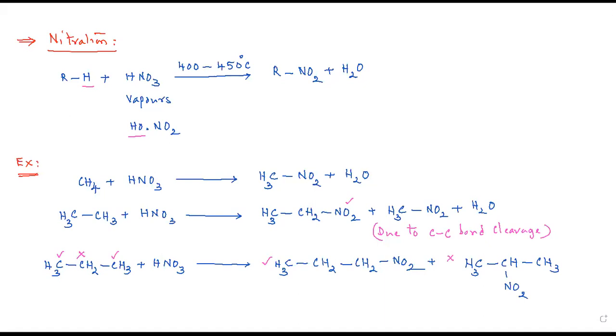But because of the carbon-carbon bond cleavage, even here also we get different types of products along with these. You can expect nitroethane, nitromethane. Now, these two are due to carbon-carbon bond cleavage.